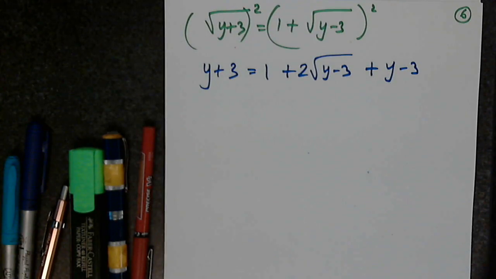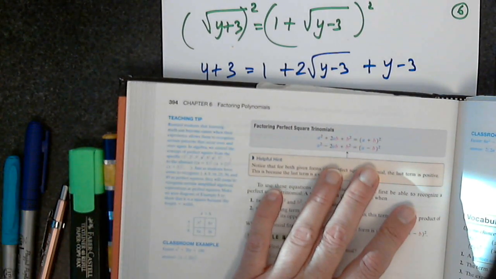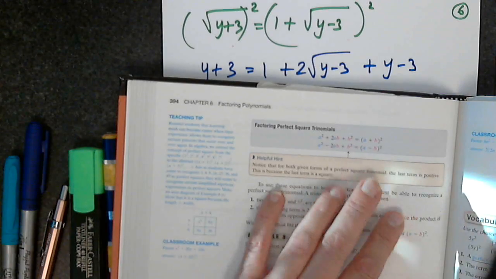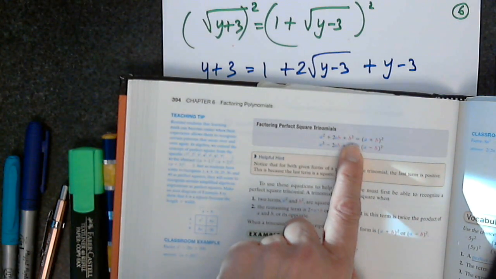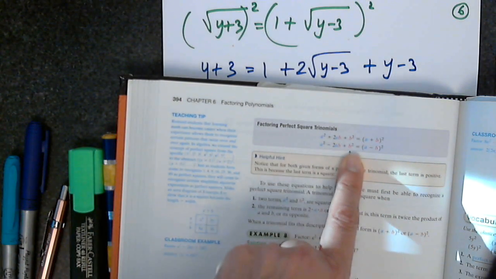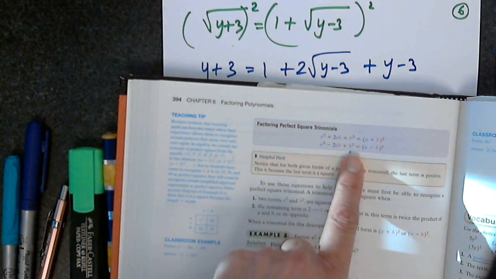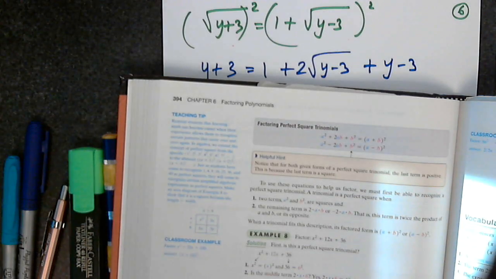Here it is, on page 394: a plus b everything squared is a squared plus 2ab plus b squared. And a minus b squared is a squared minus 2ab plus b squared. And these are perfect square trinomials. Page 394 in chapter 6.